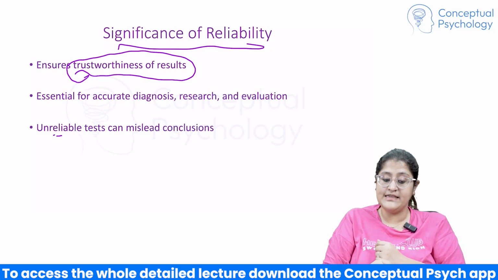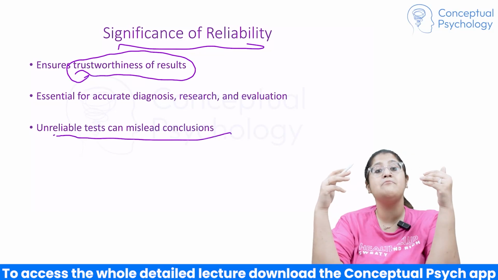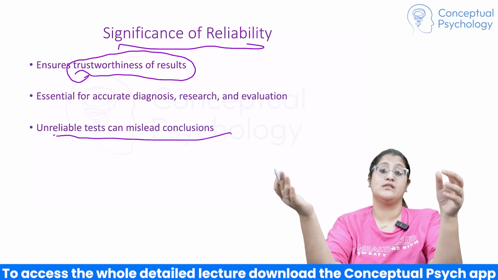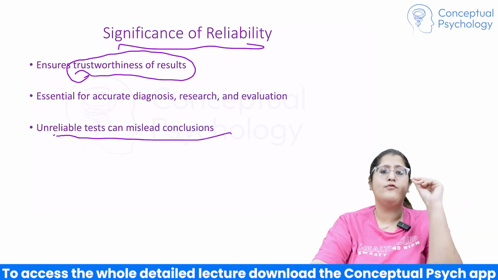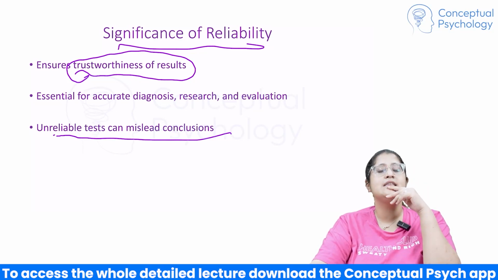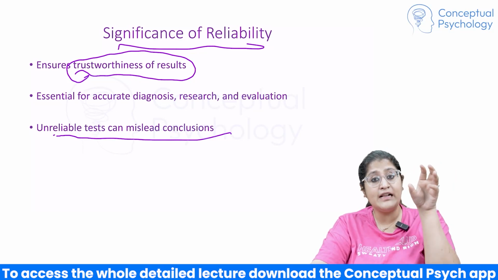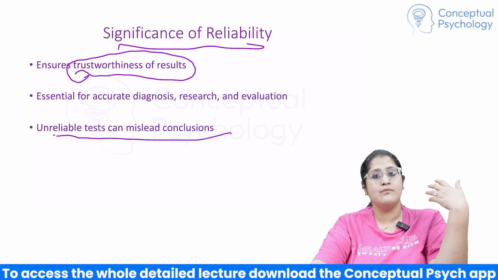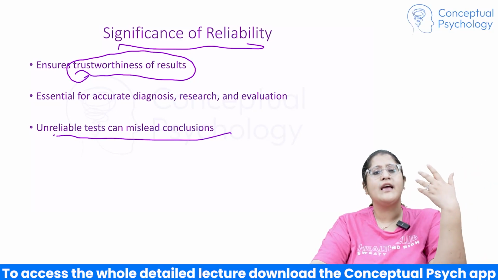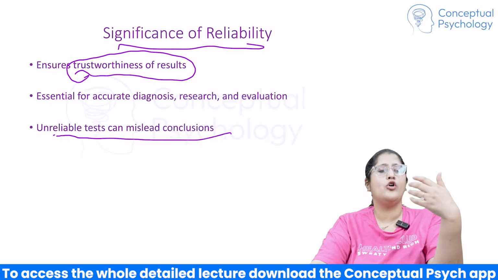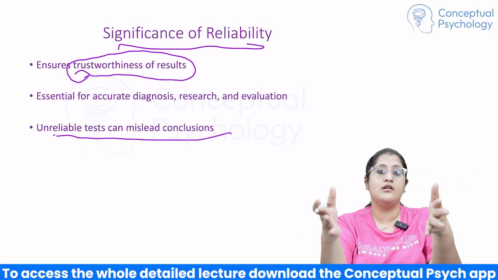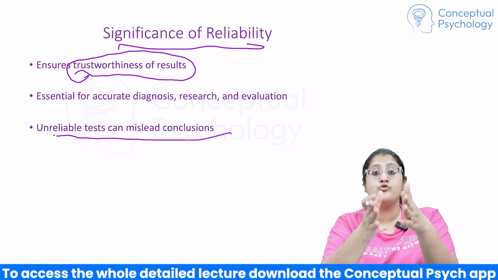Now, unreliable tests can mislead conclusions. This is, of course, an obvious point. If a test fails to show similar results, you cannot conclude or reach a sort of funnel down to an answer.